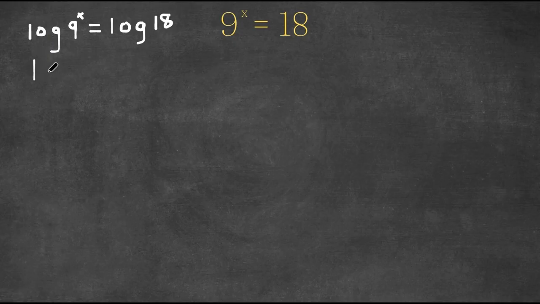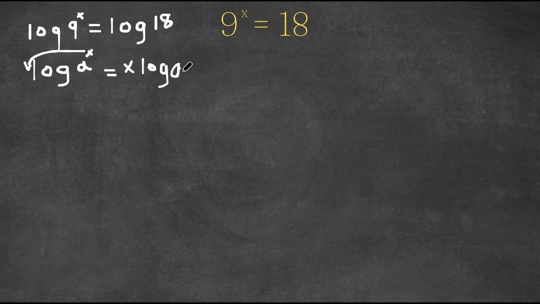So if we have something in the form log a to the power of x, this is known as power property, and what it means is that we could actually move this exponent in front of the log, meaning this would also equal x log a. So I'm actually going to change log 9 to the power of x into x log 9.